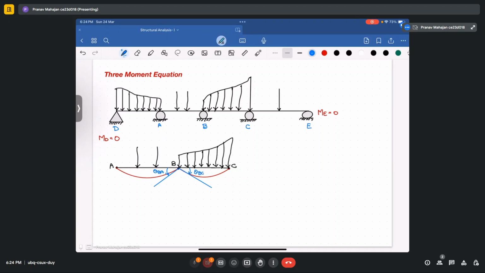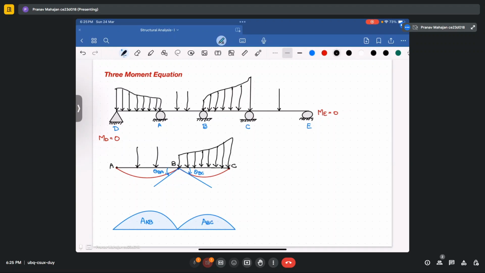If we talk about the bending moment diagram for this beam, we will just make a simplified bending moment diagram, not for this concentrated moment as well as the uniformly varying load. So in this, the area of the bending moment diagram will be AAB, and here it will be ABC.